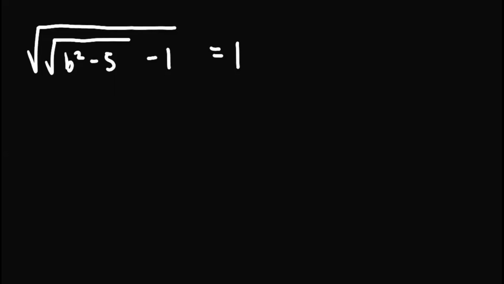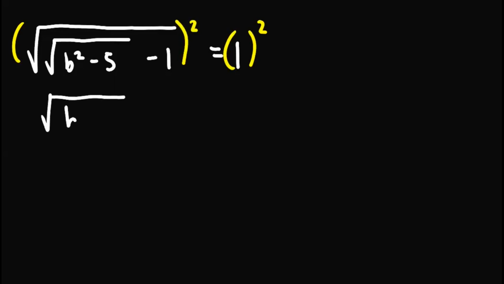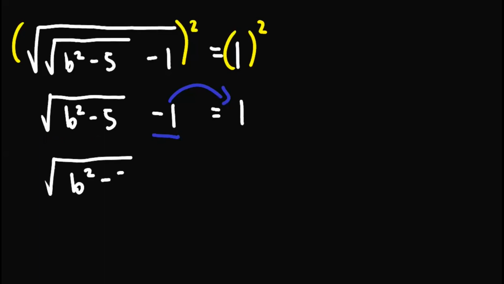Well, our goal remains the same, and that is to eliminate the radical sign. So we first square this one, and we'll obtain out here the square root of b squared minus 5 minus 1 equals 1 squared, which is 1. Next, we move this negative 1 to the right side to isolate the radical left out here, and we'll have square root of b squared minus 5 equals 1 plus 1, which is 2.